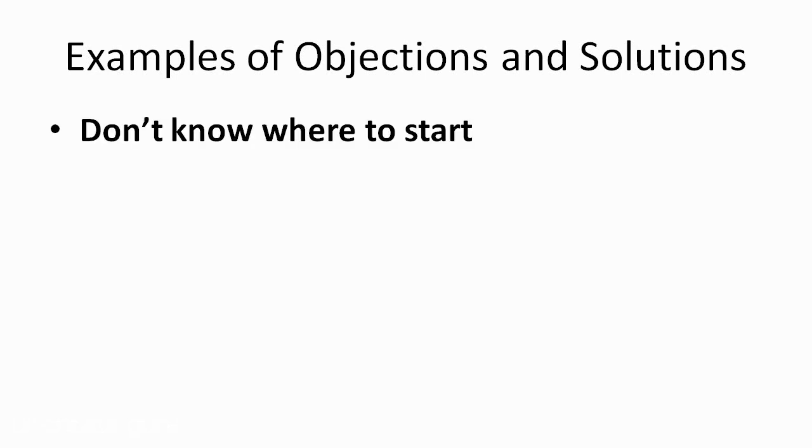Examples of objections and solutions. I don't know where to start. In the back of their mind, they're thinking, okay, this is all great information, but is your video course or your software or whatever going to be really super easy? Obviously that goes back to your product, making sure it can fit newbies, intermediates, and advanced.